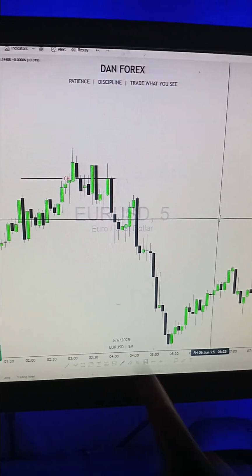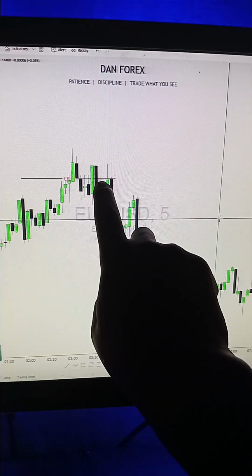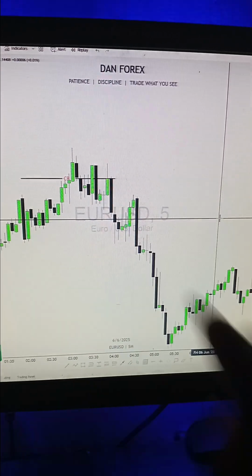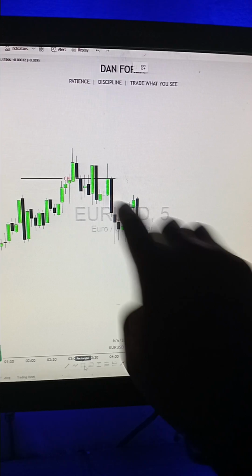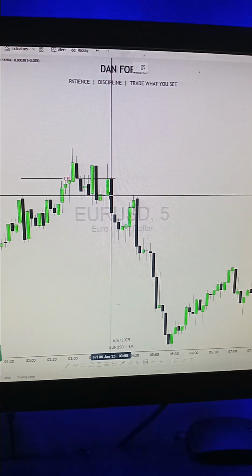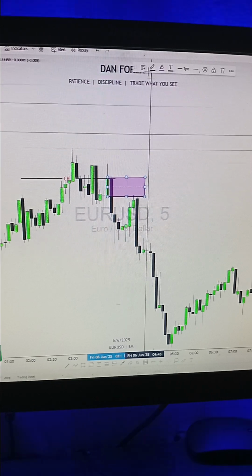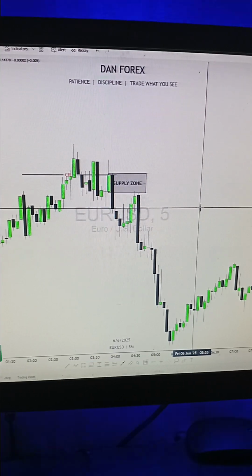Do you see that area? We had a sweep, so the third candle opens. We had this green candle here, which had this imbalance, right? So this was our supply zone. Mark it very well. So that is our supply zone, like that.